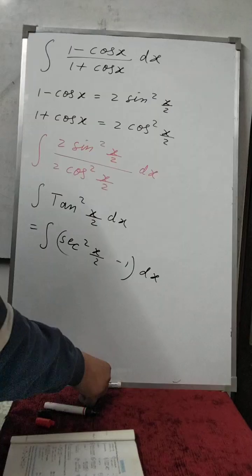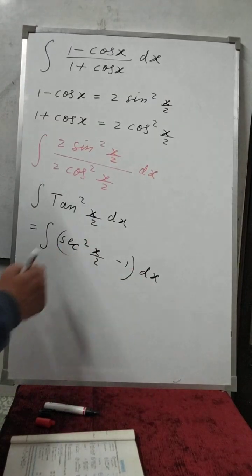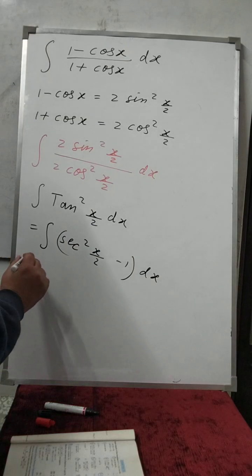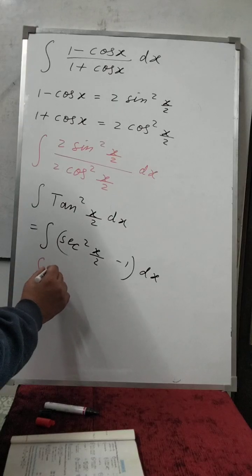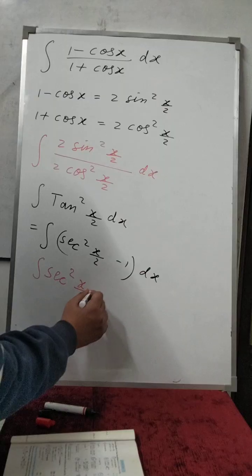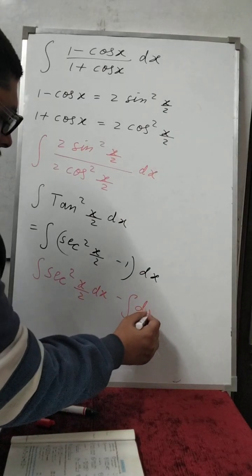Now what will be the integration of secant square x by 2? We know that differentiation of tan theta is secant square theta. So integration of secant square theta will be tan theta. So integration of secant square x by 2 dx minus integration of dx.